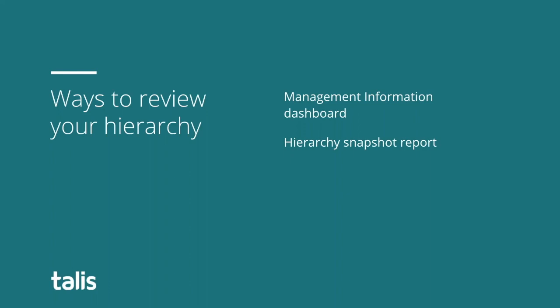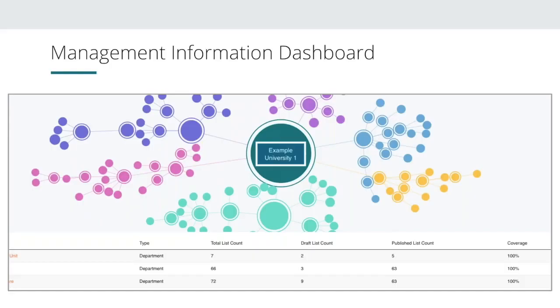So this is what your management information dashboard would look like if you've got a multi-level hierarchy. So you've got the institution in the middle, example University 1, and then below that you've got a bigger node that's linked to smaller nodes that might have smaller nodes linked off of that as well. So this is a nicely connected hierarchy.